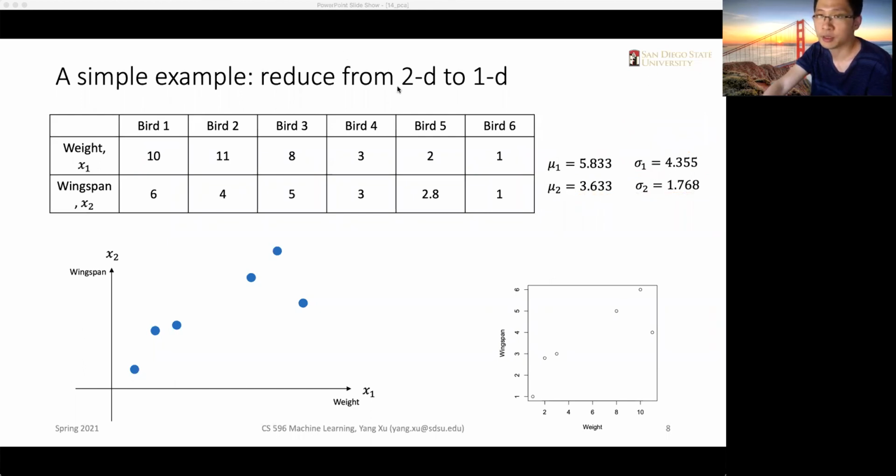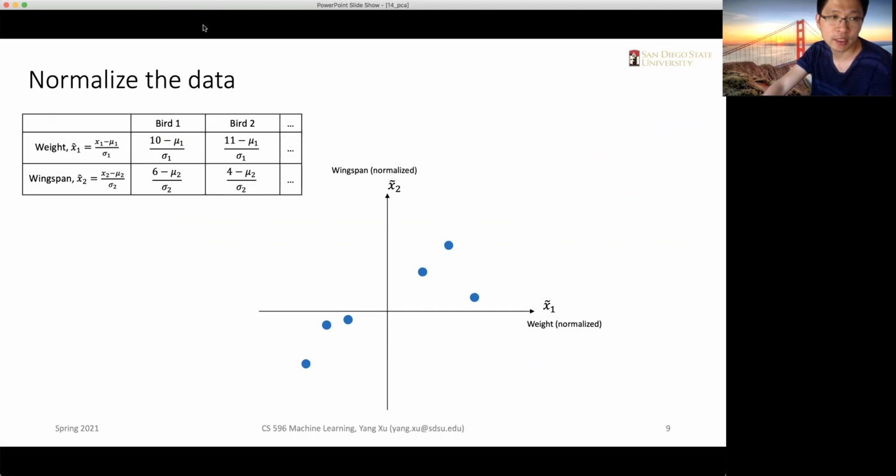That is the basis for our next step. You may guess what we want to do next: normalize the data. That's a usual practice. We normalize the data by subtracting the mean from each data point.